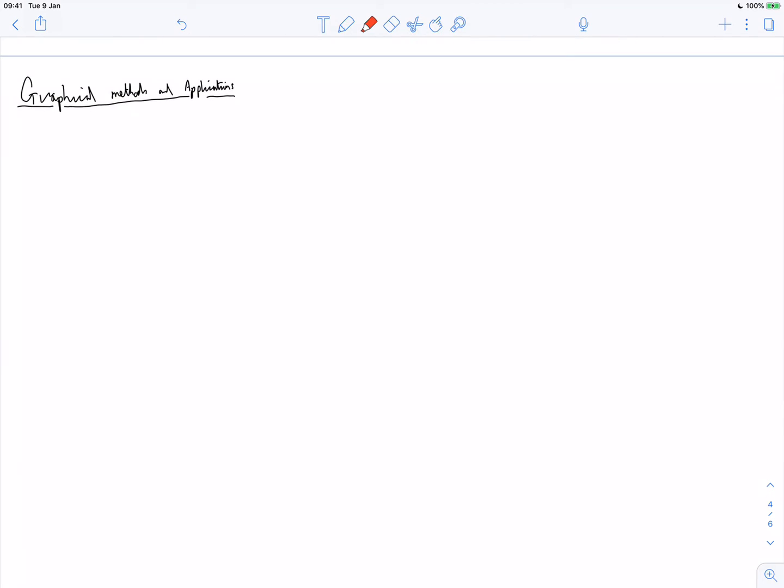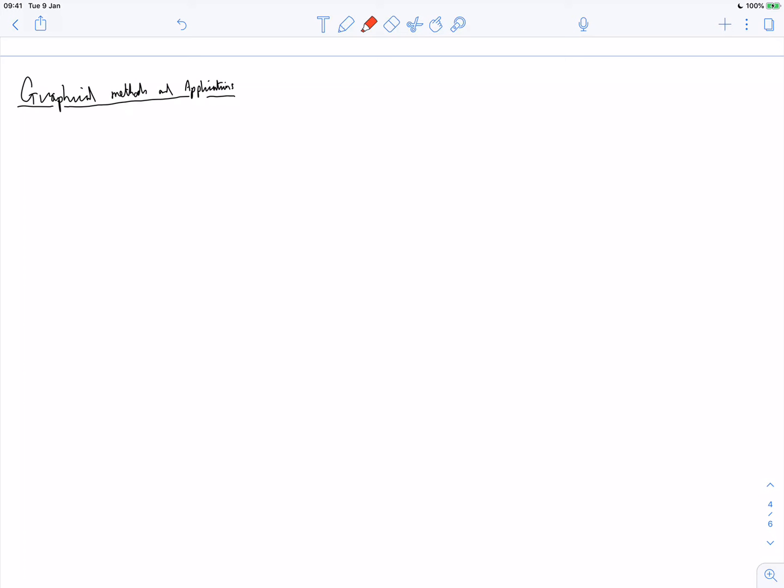Okay, graphical methods and applications. When it comes to simultaneous equations and inequalities, I can't stress enough the importance of being able to sketch them and graphically interpret what's going on.